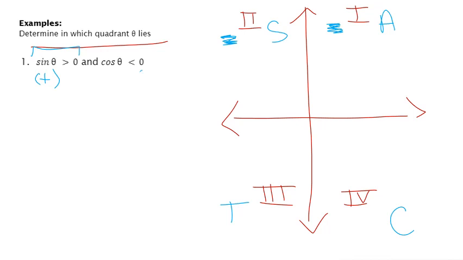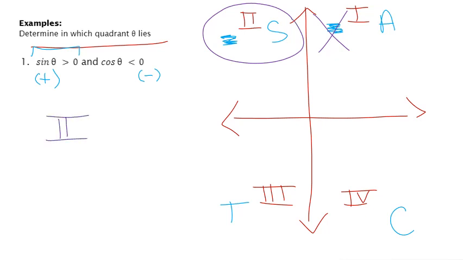Anything less than 0 is negative. So that tells us it can't be quadrant 1 because everything's positive in quadrant 1. So where's cosine negative? That's going to be quadrant 2. So our answer for this one would be quadrant 2 because in this quadrant sine is positive, but cosine is negative.